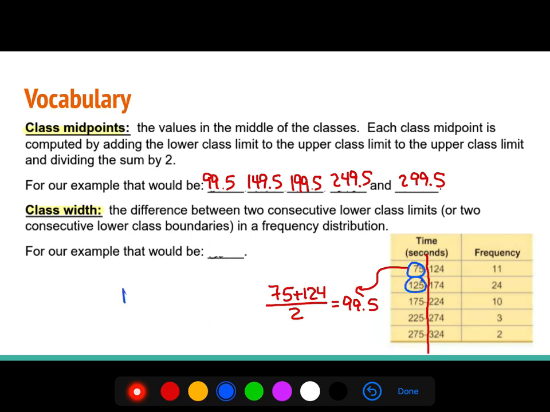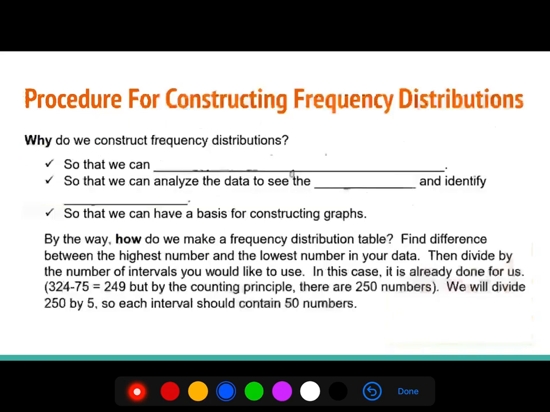Our class width is the difference between two consecutive lower class limits, or the class boundaries as well. So between 75 and 125, 125 minus 75 is 50. That's our class width. You probably already noticed that pattern going on.